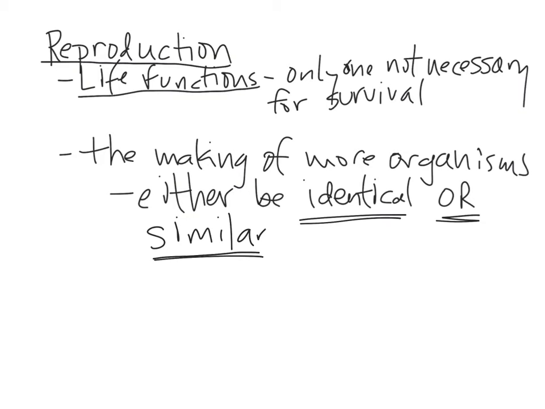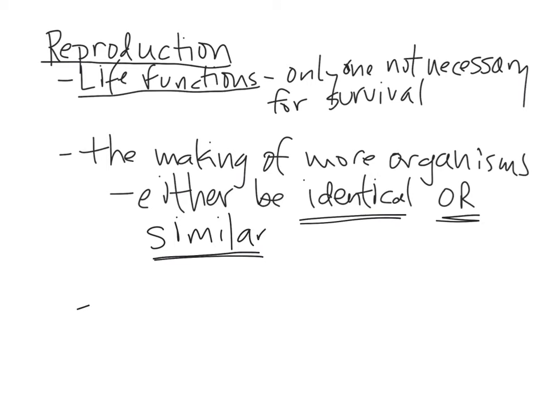And you and I, we are similar to our parents, but not identical. But if you were to look at something like a bacteria or something like an amoeba, when they divide, they are dividing into 2 cells that are identical. So reproduction is the making of more. It's just a matter of how it goes about it that's going to determine what particular offspring similarity you'd have, whether it would be identical or whether it would be similar.